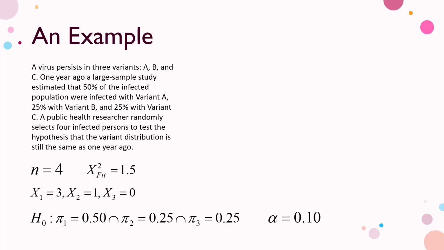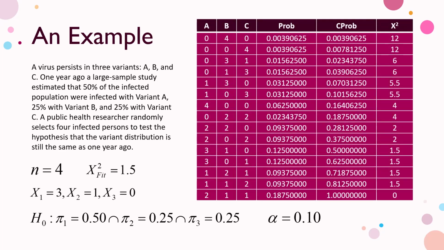Here is the multinomial distribution. Note again that this distribution was created using the null hypothesized values for pi1, pi2, and pi3, and a sample size of 4. Those are the parameters of the multinomial distribution when you have 3 categories, the 3 population proportions, and n.